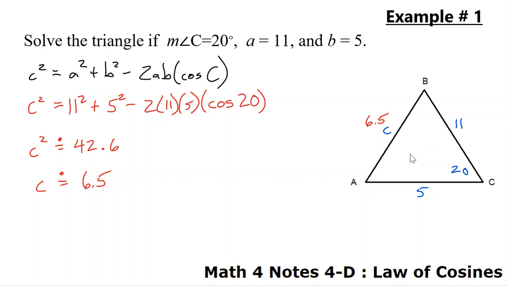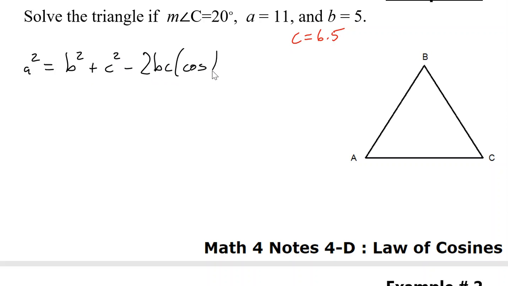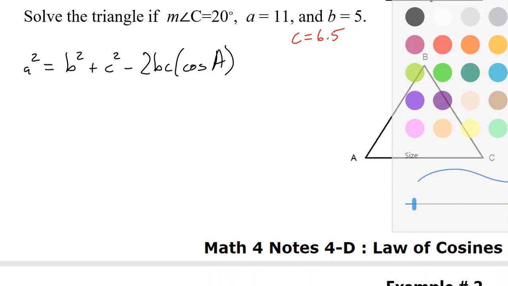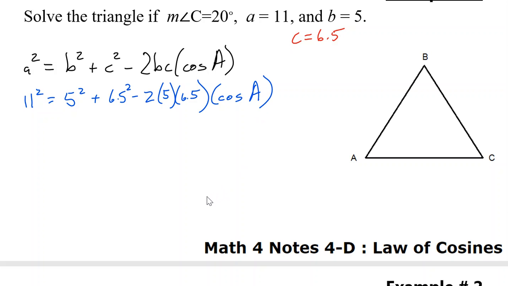So we're going to bring this knowledge that c is 6.5 to this triangle, and we're going to try and solve for, let's say, big A. If we're going to solve for big A, that means our formula is going to look like this: cosine of big A. When I start plugging stuff in, that's 11 squared equals 5 squared plus 6.5 squared minus 2 times 5 times 6.5 times cosine of A. And I'm going to have to do everything to get cosine of A by itself so I can get a decimal, and then I can do second cosine and figure out what angle A is.